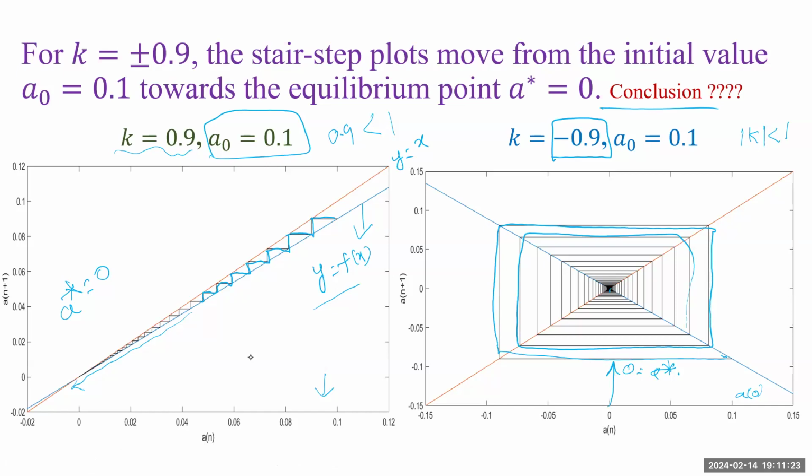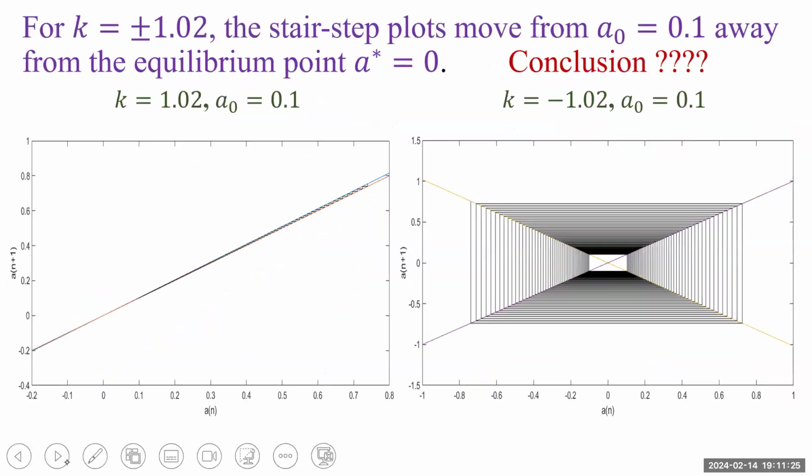And similarly, we can see the other values. Here, k is equal to 1.02. This is your 0, and this is your initial value. What happened? The state steps are going away from the equilibrium point. The steps are moving away from a star. So this is unstable.